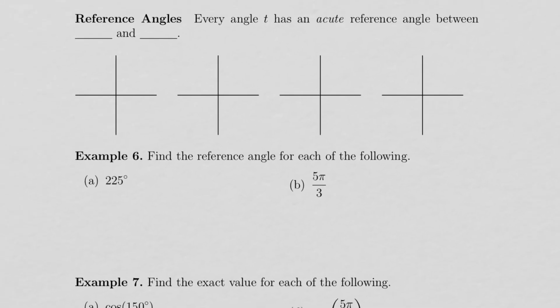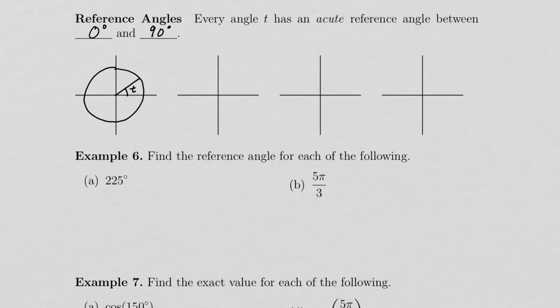So every angle T has an acute reference angle between 0 and 90 degrees. So if we're in, I'll just draw unit circles here. If we're in the first quadrant, then the actual angle, which we call T, is equal to the reference angle, which I'll call t prime.